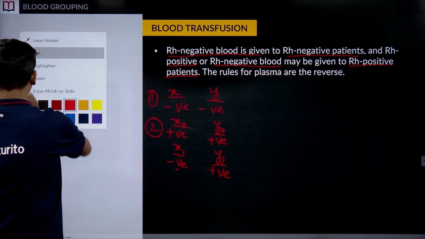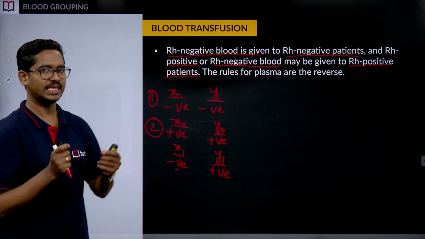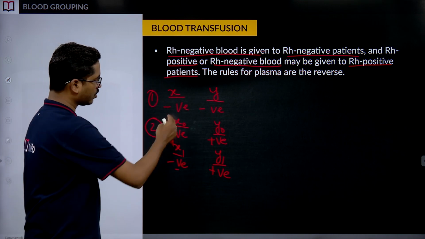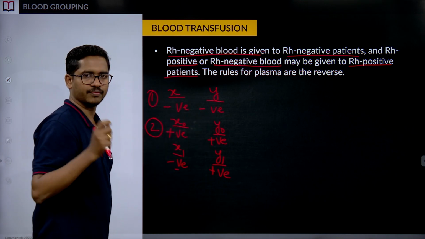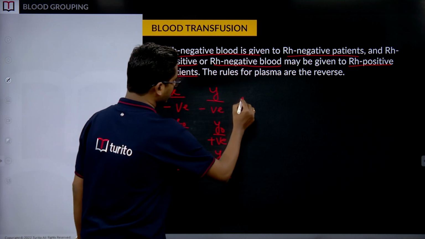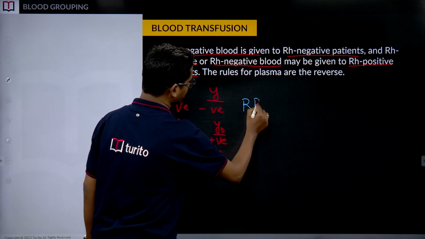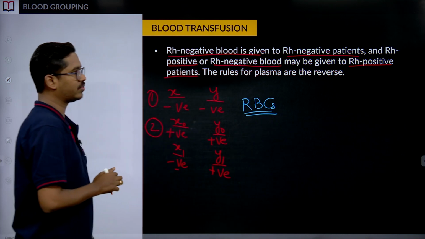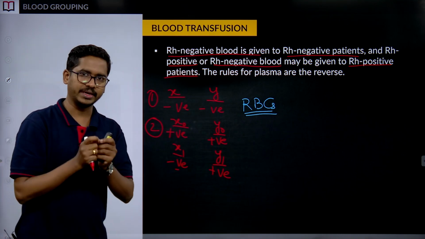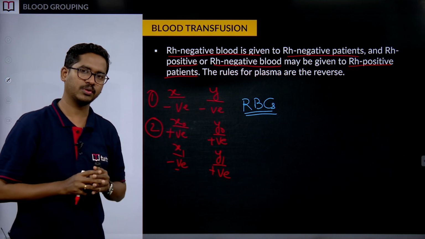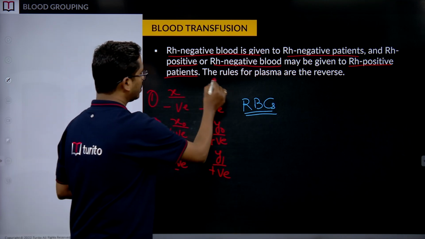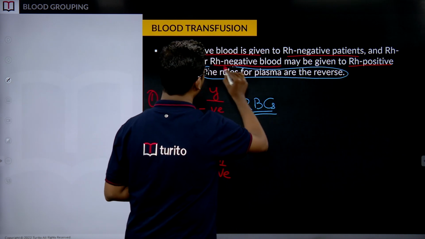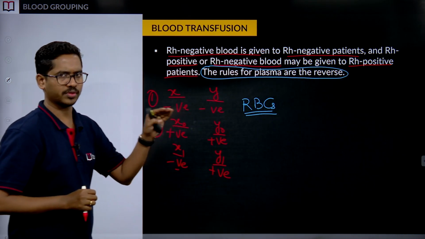What it exactly means is, this statement is only about the blood transfusion, which means it is only speaking about the transfer of only RBCs. In other words, only blood, it is not speaking about the plasma. That is why you see the rules for plasma are reverse. So, we will look into those rules later.